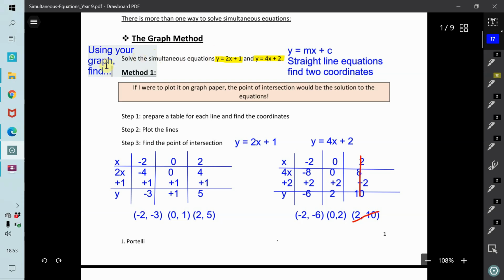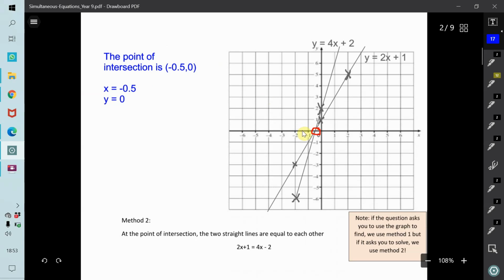By using your graph, you need to find the point of intersection where the two lines are intersecting each other. At this point, you've got your x value and your y value. So at this point, the two graphs are true.